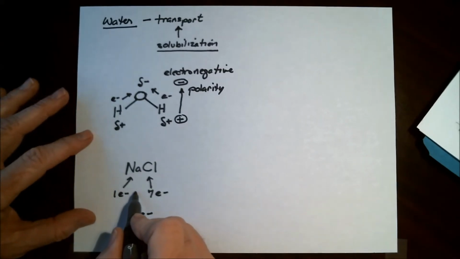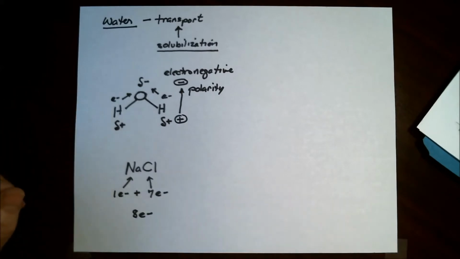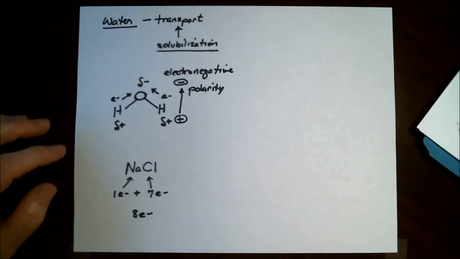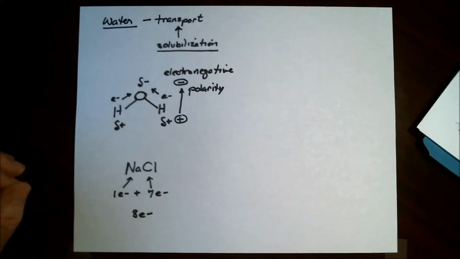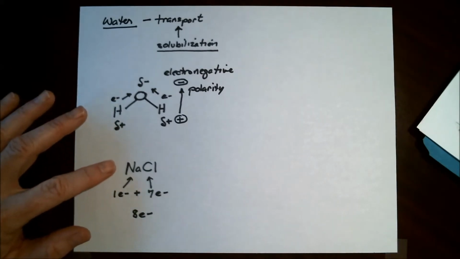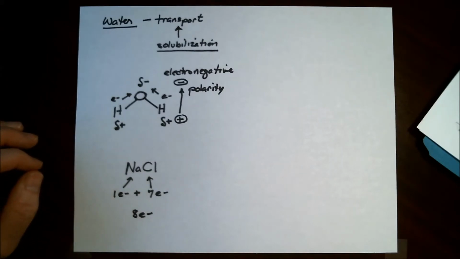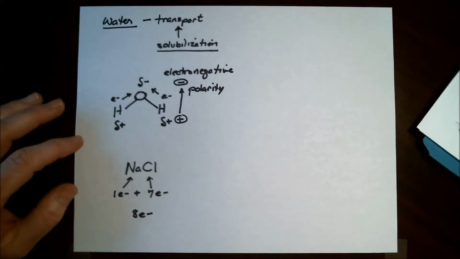And so the 1 plus 7 gives the 8 complementary for sodium chloride, and that's what gives the power of holding these two together. So this 1 electron of sodium is shared with chloride, and we have sharing in that electron cloud.